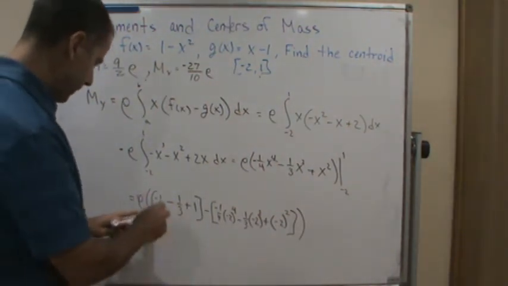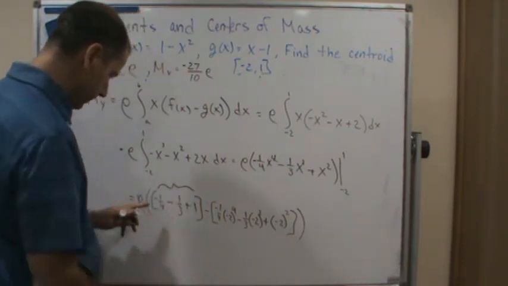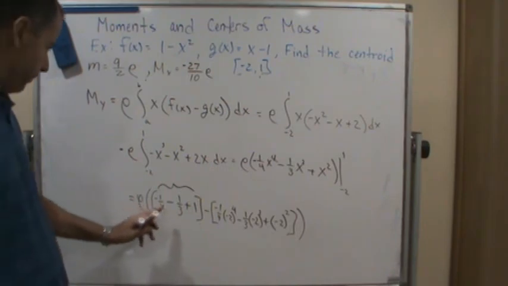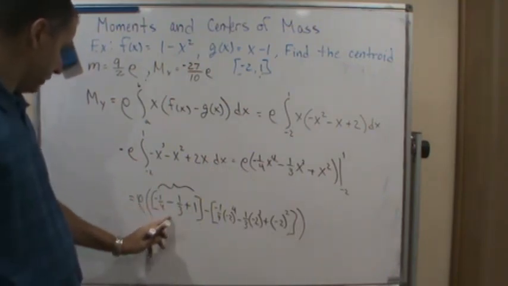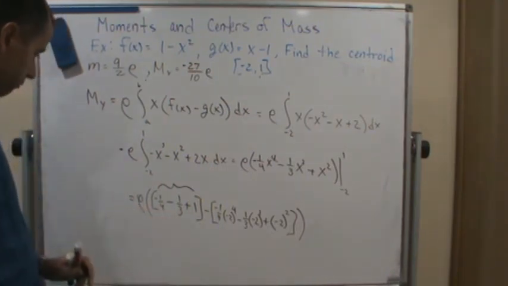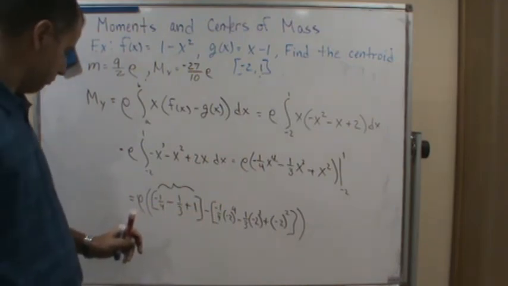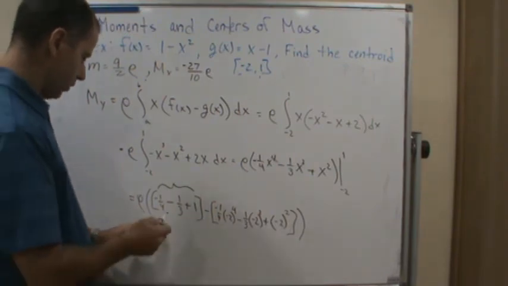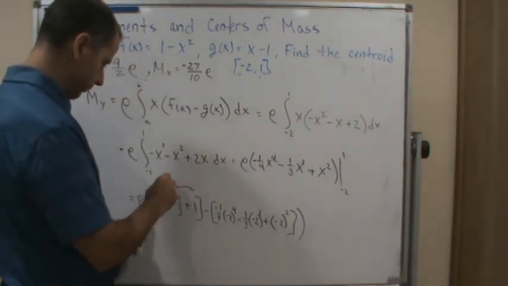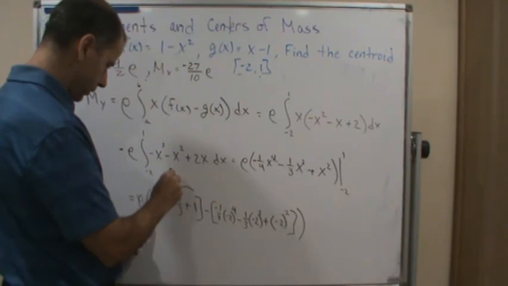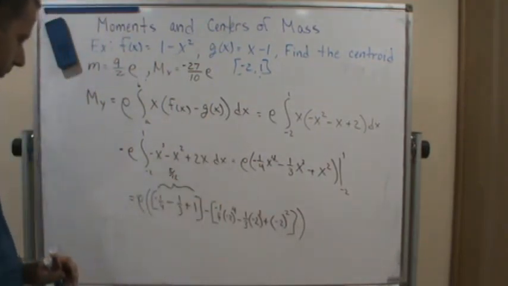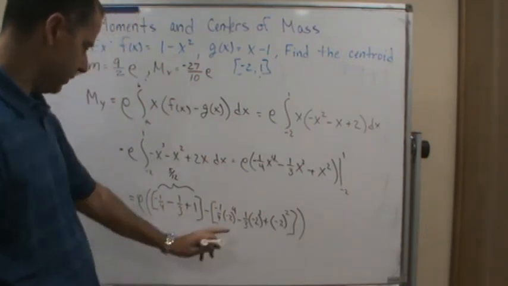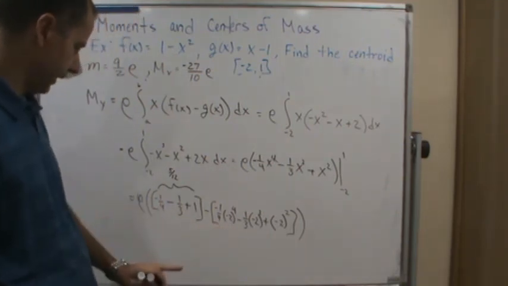And so now what happens here? Well, this is just going to be -7/12. Right? This is going to be -7/12 plus 1, which is going to give us a positive 5/12. This is going to give us positive 16.